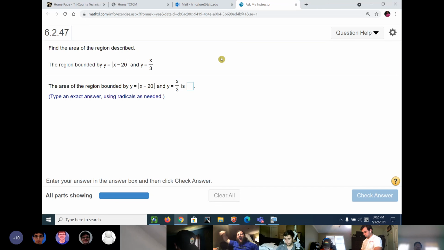So minus 20, so you know you've got a y-intercept of negative 20. So 5, 10, 15, 20, negative 20. Absolute value. What does all absolute values look like?